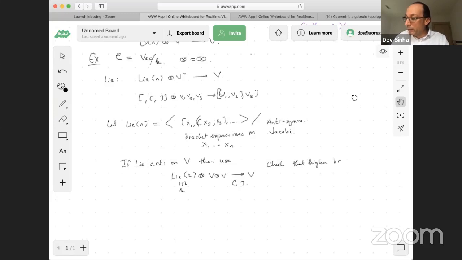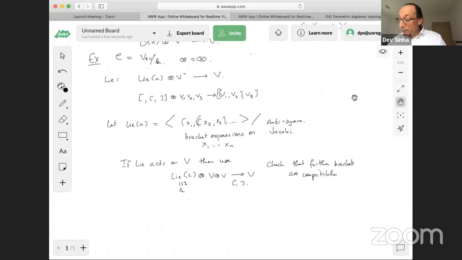Not higher brackets, I should say, because people will think that we're doing L infinity. Further or deeper brackets are compatible. Okay, so that's Lie as an example.